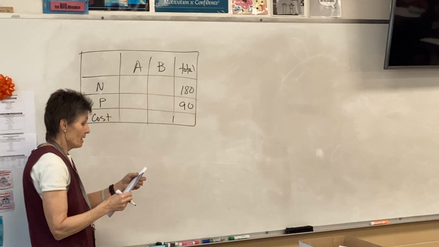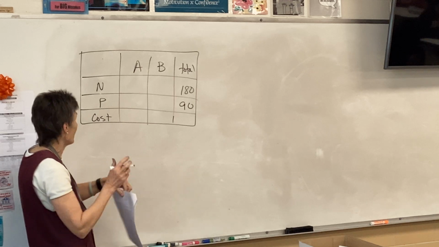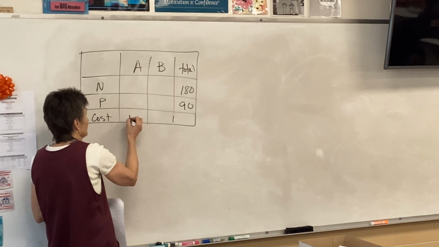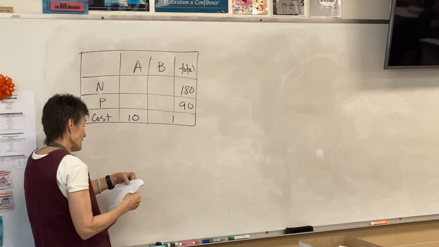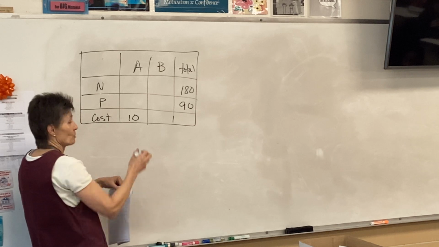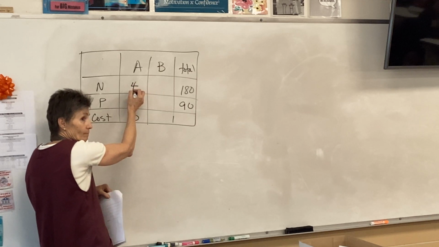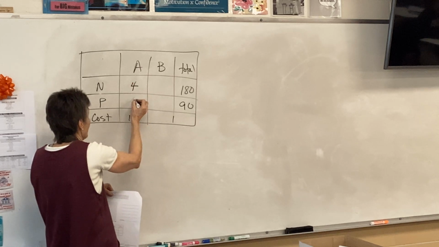Right? Two brands of fertilizer. Brand A costs $10 a bag. Brand A has 4 units of nitrogen and 1 unit of phosphorus.